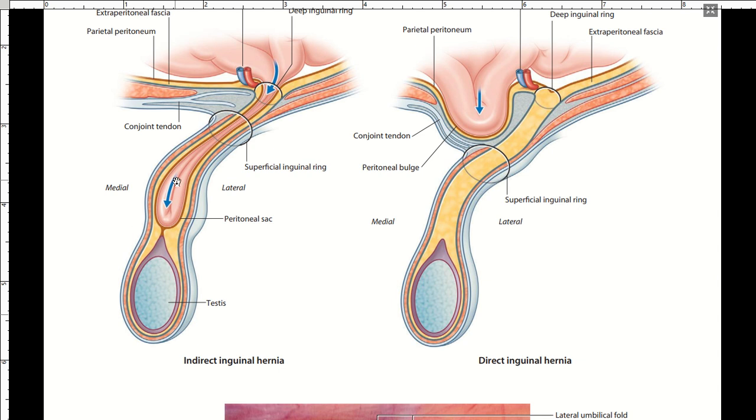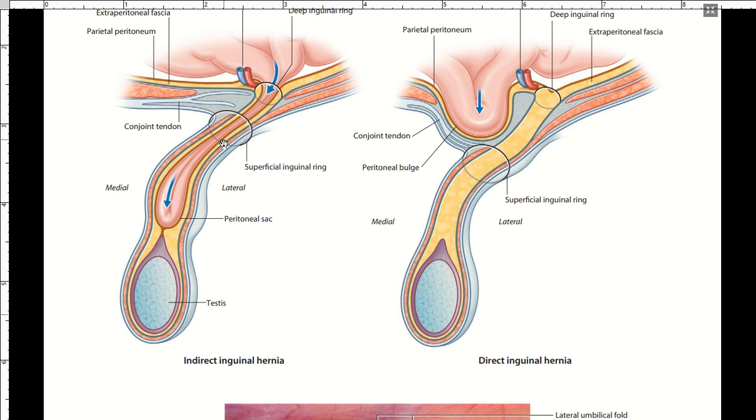So this is called the indirect hernia. Why? Because it moves entirely through the oblique inguinal canal. Good. So indirect hernia is actually more common in men.